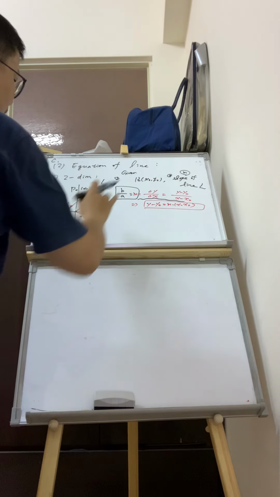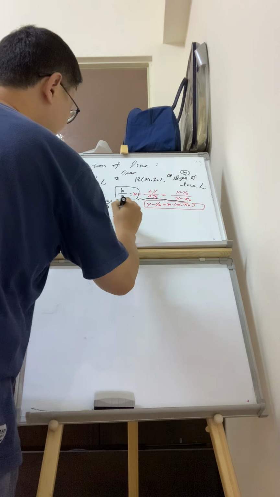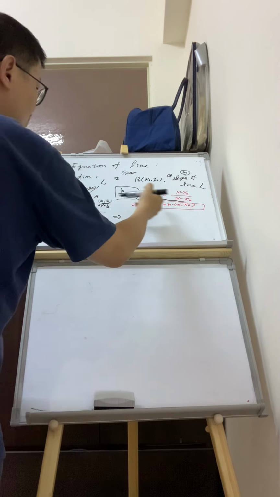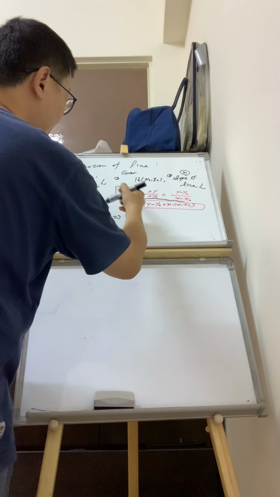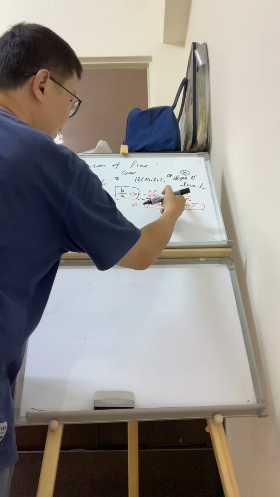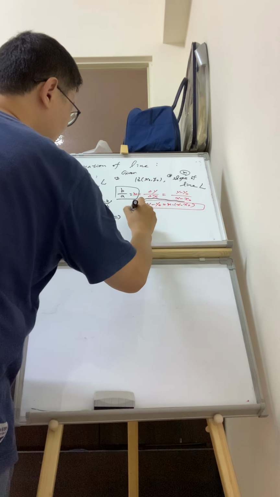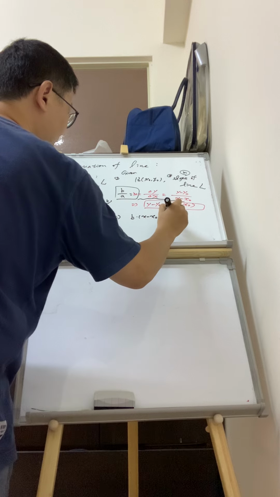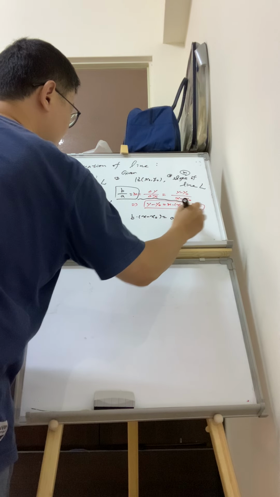So what can we say? If we multiply by a, we get b times x subtract x0 equals a times y subtract y0.